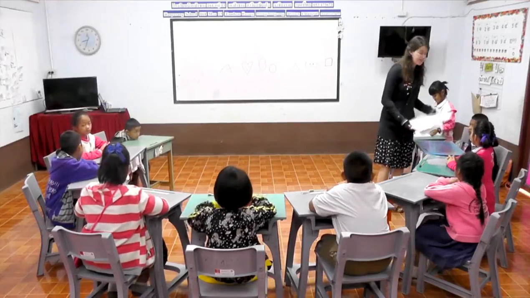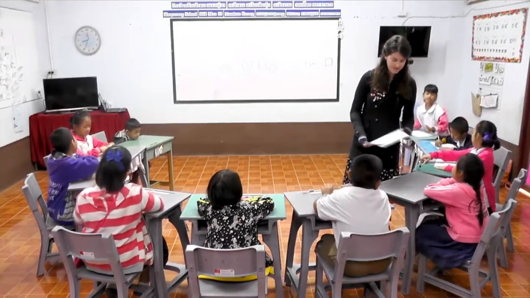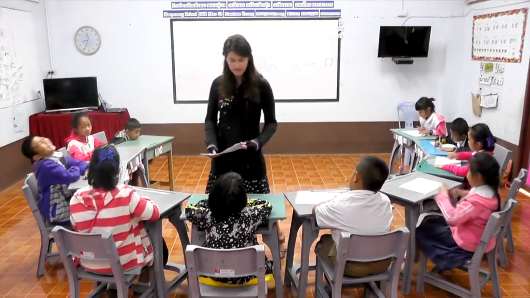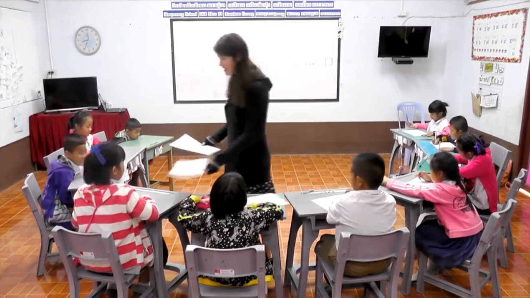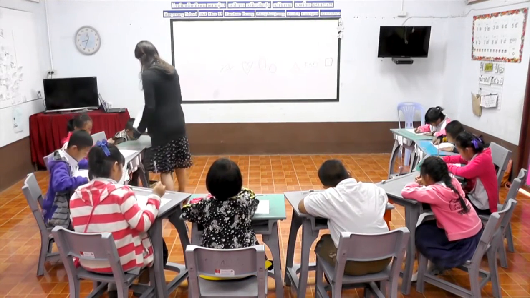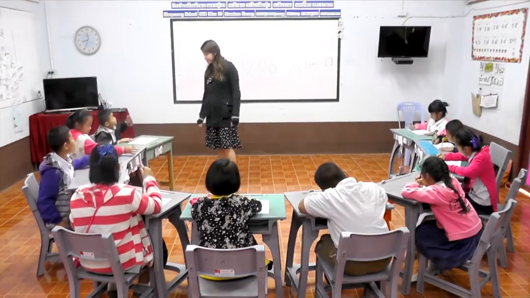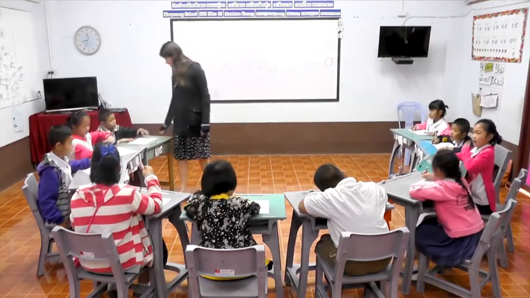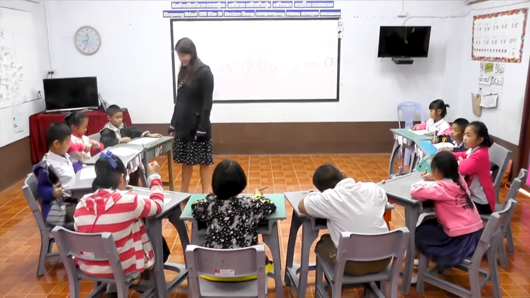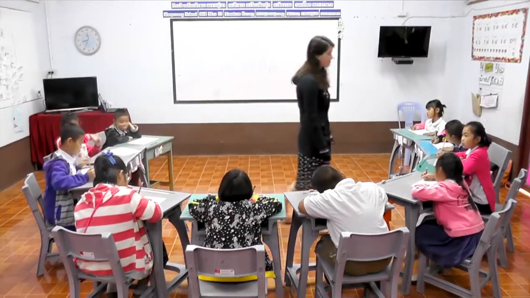So you're going to count up the number of each of those shapes, and write that number in your chart, and then you can color in that boat. So you're going to count your shapes. Count your shapes. Good. Count how many shapes you see in that picture.